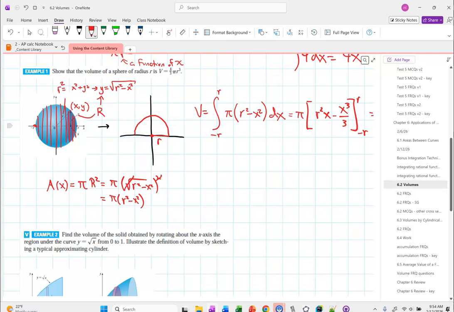So the x value I started slicing at was negative r, and the x value I finished slicing at was positive r. So if we're doing it from a graph, will it give us the negative r? Sometimes you'll have to find it. Okay. Let's continue going forward, because we already knew the answer, right? This is a regular shaped figure.